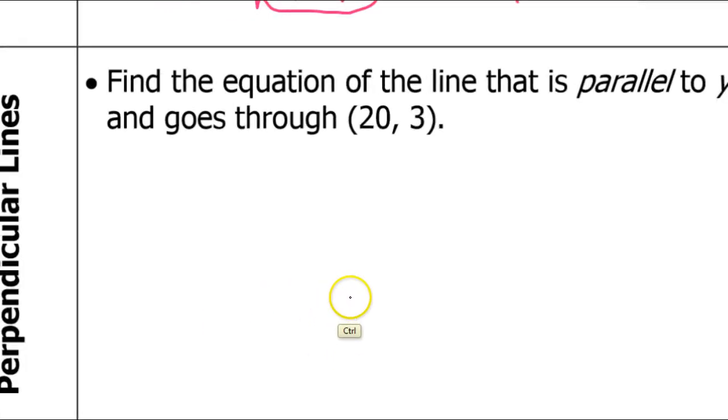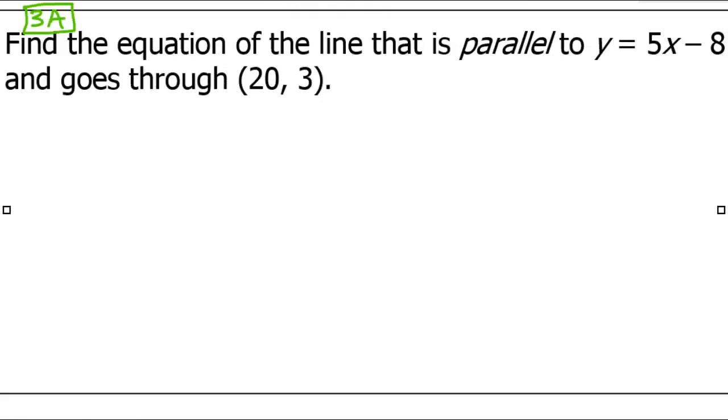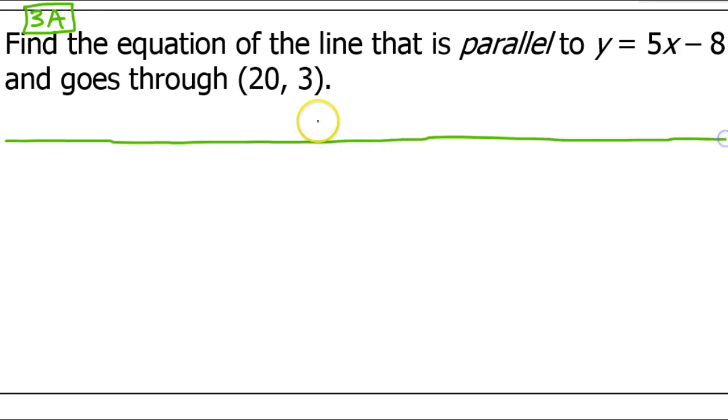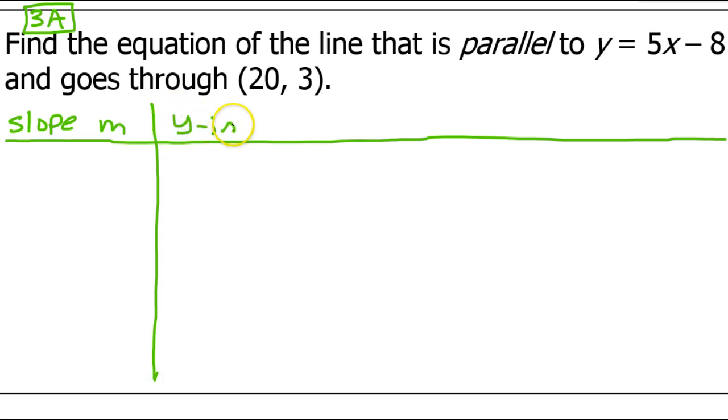Okay, I might have to make this a little bit smaller. All right, the good news is I'm still going to use the same procedure. All right, I'm still going to draw my chart. So I'm going to find slope m. And then I'm going to find the y-intercept, b.